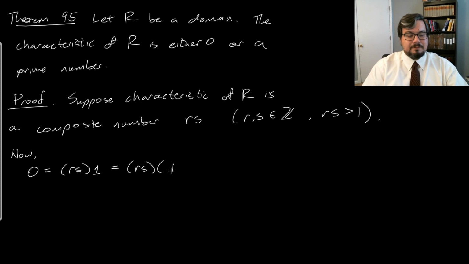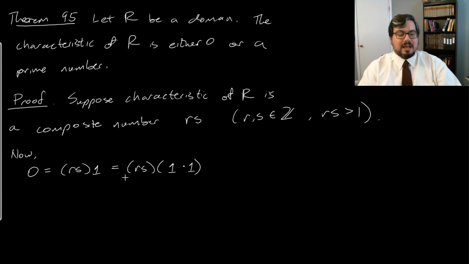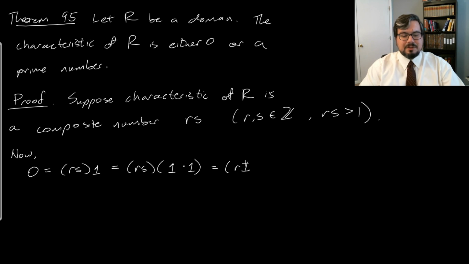Now, using the properties that we had before, we have that RS times 1 is equal to RS times 1 times 1, because 1 times 1 is equal to 1. But it turns out that we can group these around basically however we want.